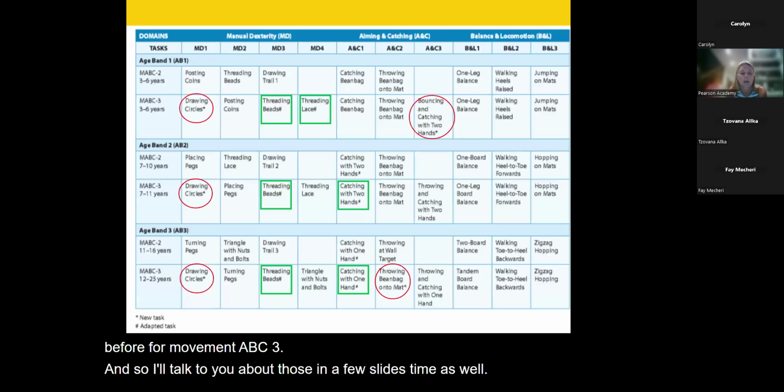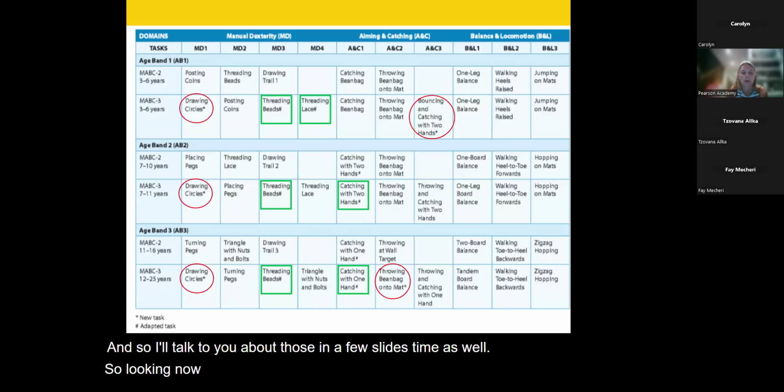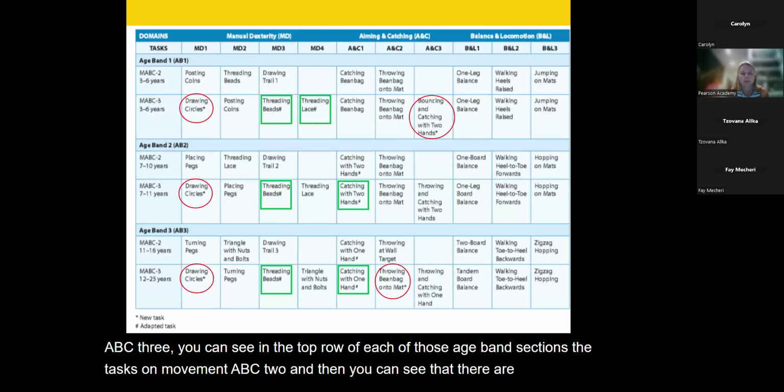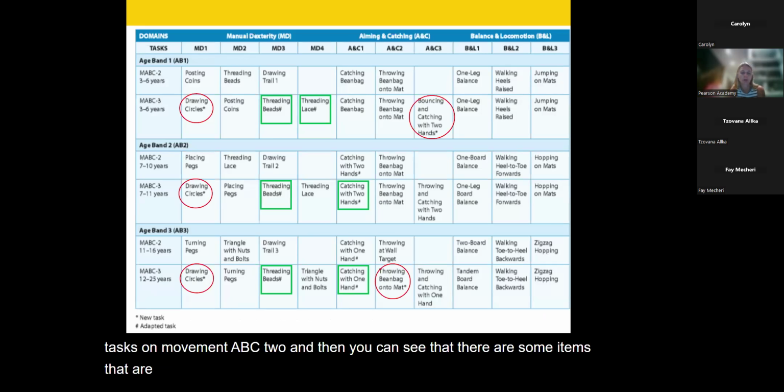So looking now at the items comparing Movement ABC2 to Movement ABC3, you can see in the top row of each of those age band sections the tasks on Movement ABC2. And then you can see that there are some items that are literally a straight carryover from the 2nd edition to the 3rd edition.